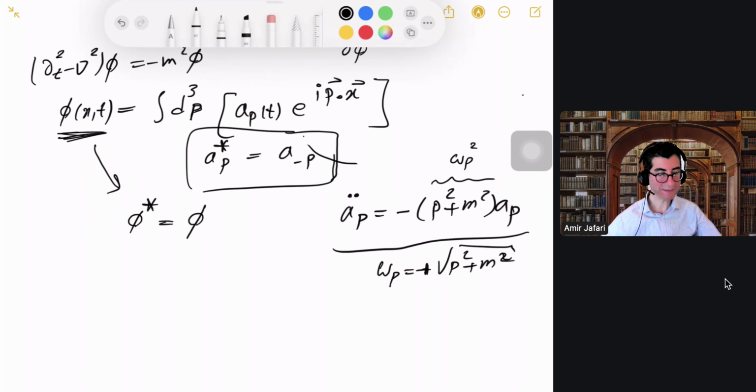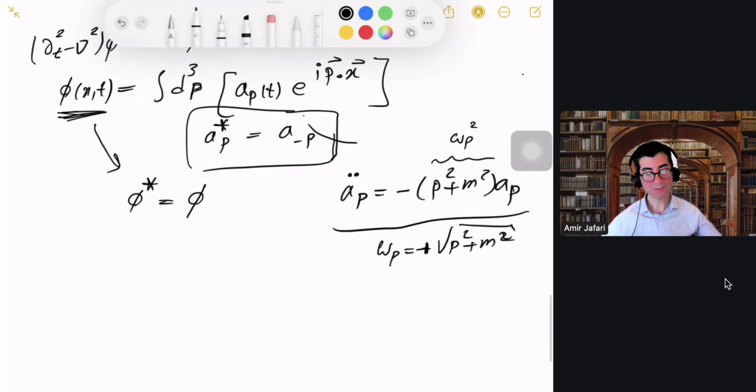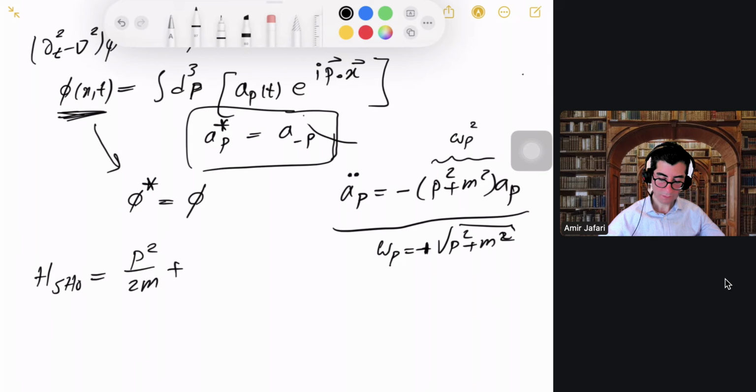Okay, and from the simple harmonic oscillator discussion that we had before, we had a Hamiltonian like this.